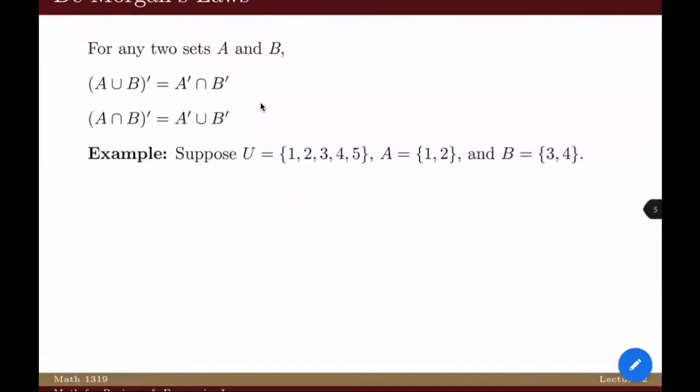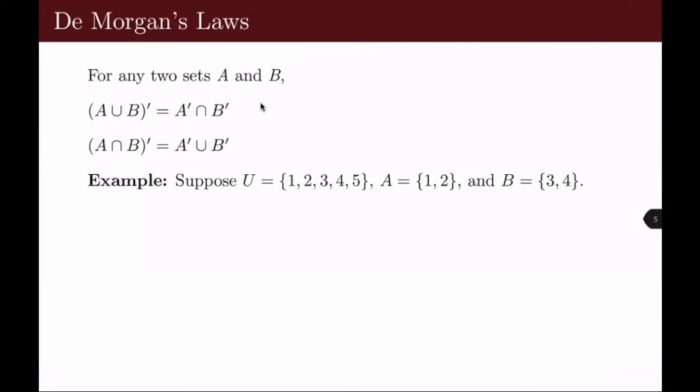So first, what we will do is find A union B. A union B is everything in A, everything in B. So we have 1, 2, 3, 4.